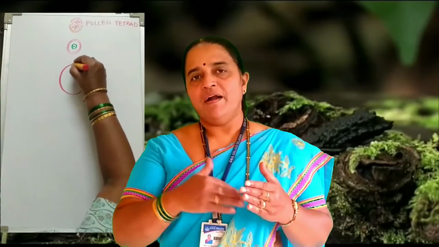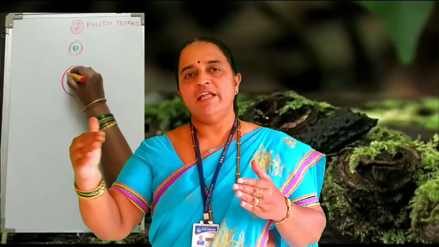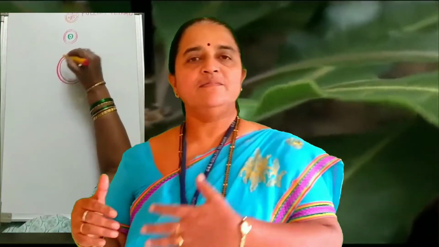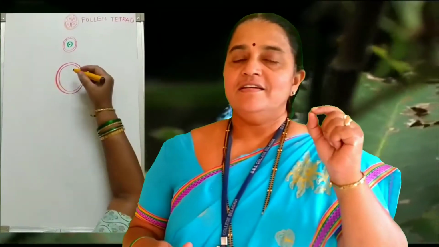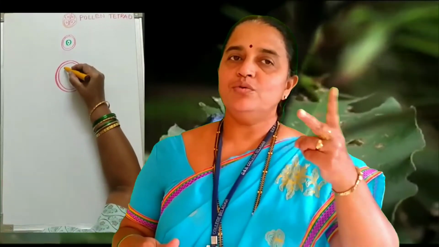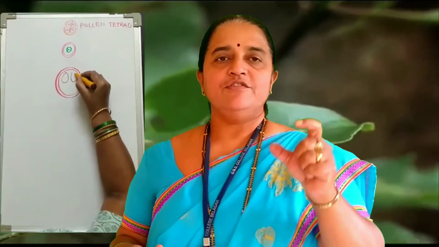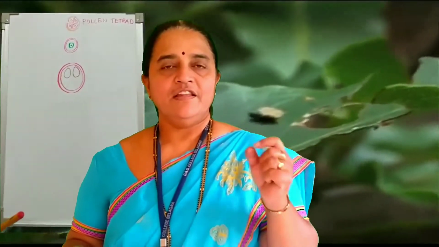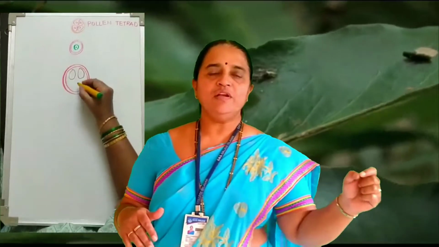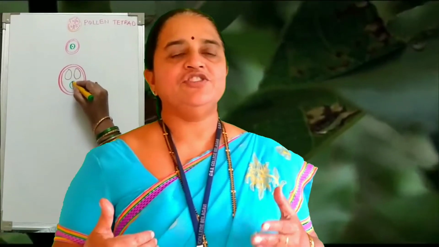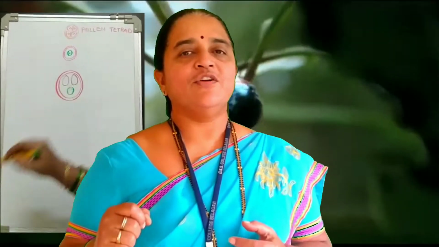Later, a partition wall develops, known as callose wall, between the big nucleus and the smaller nucleus. So at this stage, we can see the cell in a two-celled condition. The bigger compartment is known as the vegetative cell and the nucleus is called the vegetative nucleus or tube nucleus, and the smaller compartment is known as the generative cell and the nucleus is called the generative nucleus.